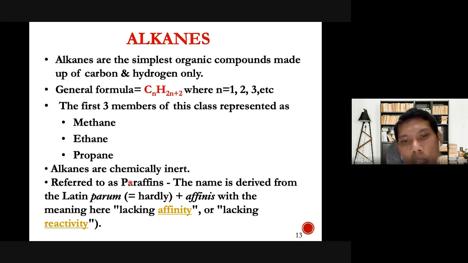It is referred to as paraffin oil, or paraffins, which derive from the Latin words parum and affinis, meaning lacking affinity or lacking reactivity, given that it is chemically inert.